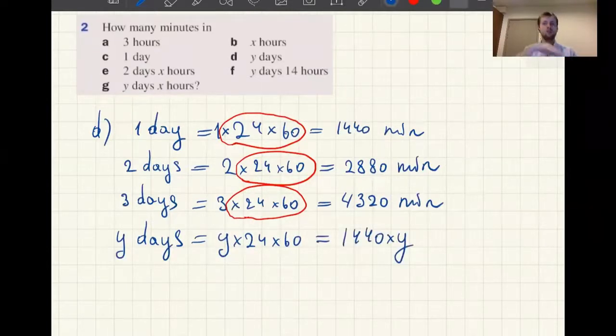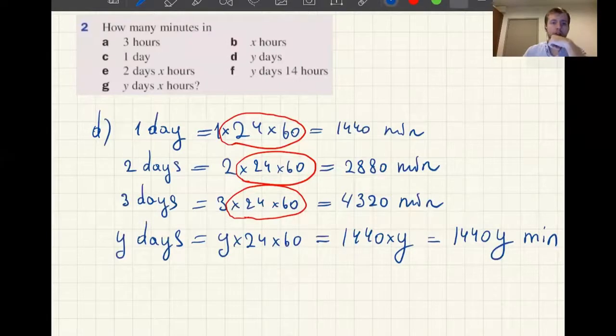Numbers come before letters. This is just the way we write it in algebra. That is equal to 1440y. This should be your answer: 1440y minutes. Don't forget to write the unit just in case.